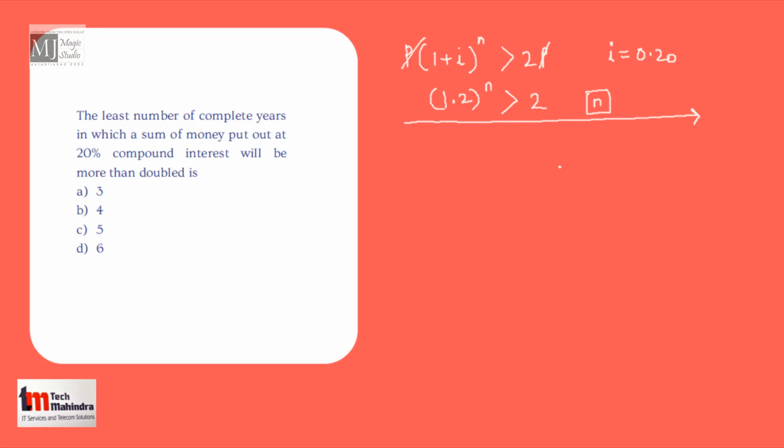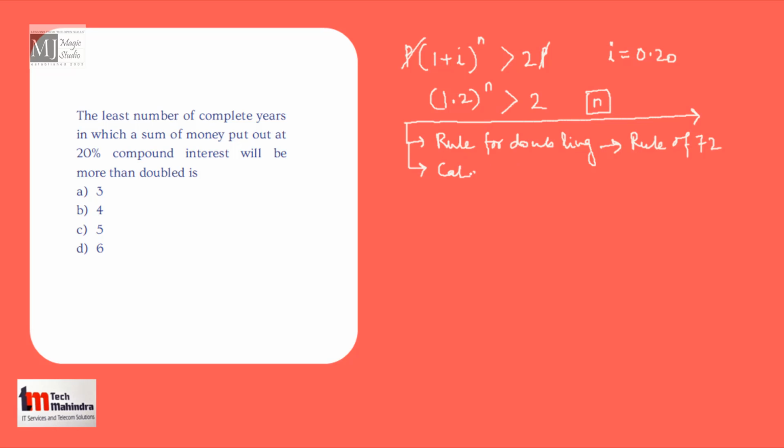Since it is doubling and more than doubling, we can use two fast processes which are actually applicable at the time of an aptitude test. First is our rule for doubling. The rule for doubling in case of compound interest is also known as the rule of 72.